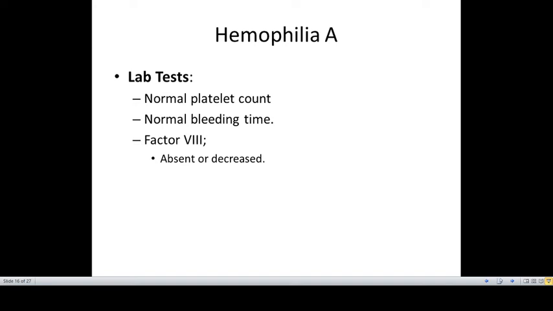The lab tests used for diagnosing hemophilia A show a normal platelet count, normal bleeding time, but absent or decreased factor VIII.